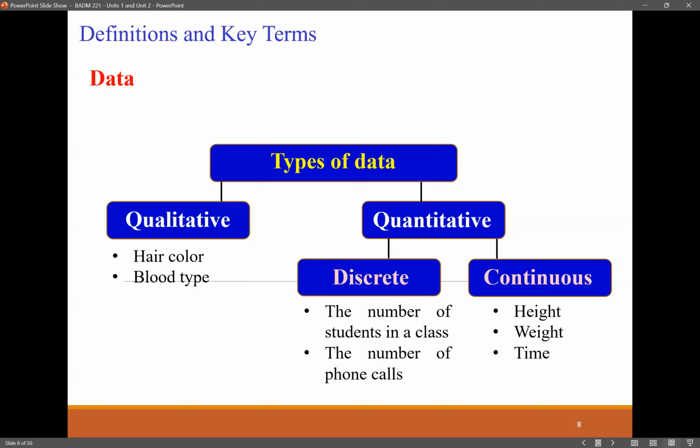Between 155.1 and 155.2, there can be n numbers. So all measurable quantities, or all measures which have decimal points, generally come under this, like height, weight, time, temperature. All these are quantitative continuous data.